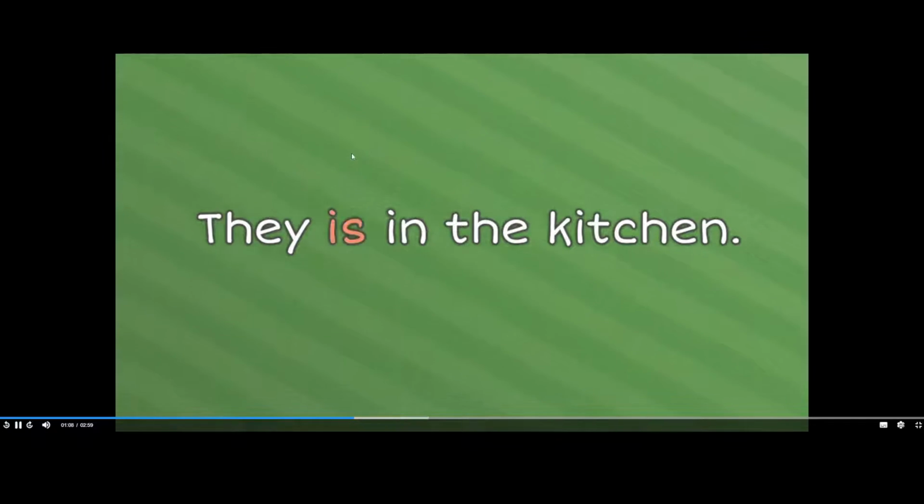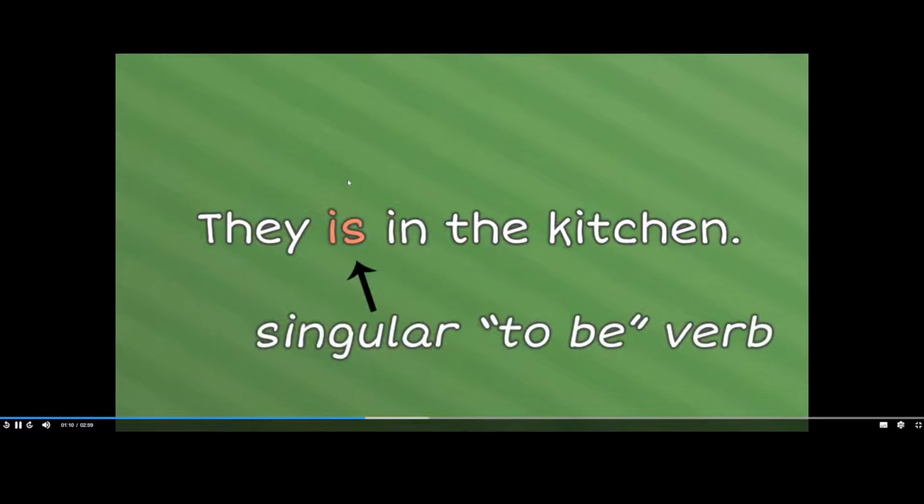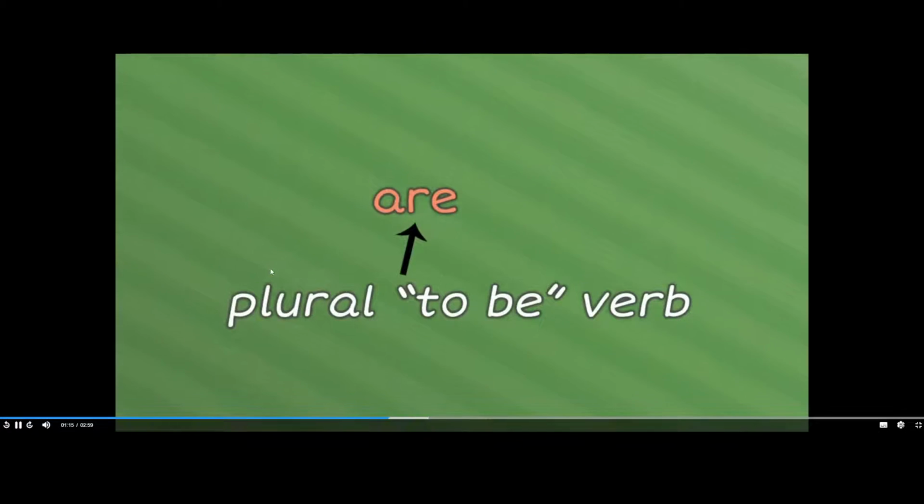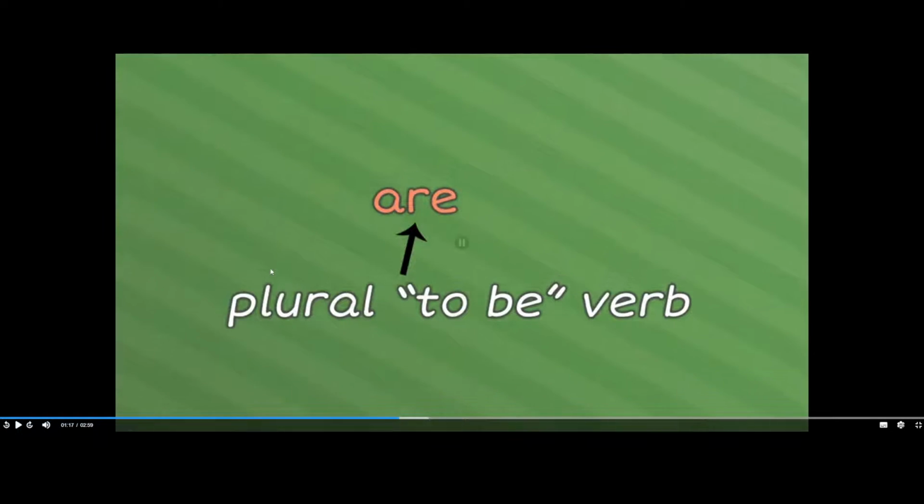The word is is a singular to be verb. So is is also a verb. We call it a to be verb. Is and are, they are to be verbs. The word are is a plural to be verb. Is is a singular to be verb. Are is a plural to be verb.